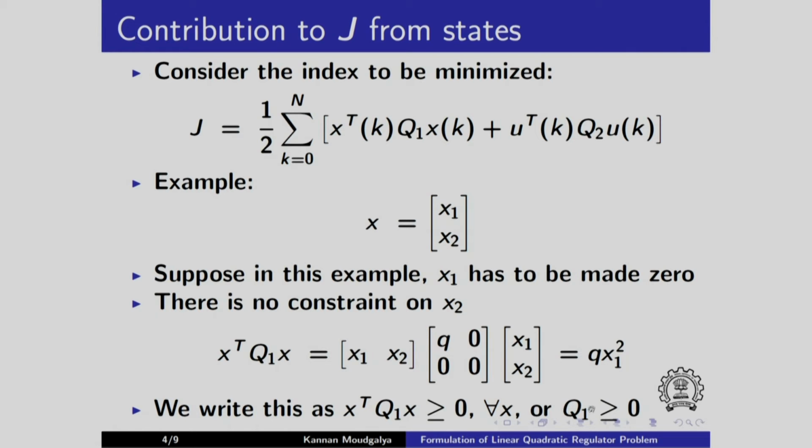Its dimension is the same as that of the system matrix A. The number of states is n in general; in this case n is 2. What do I mean by a matrix being greater or equal to 0? By this I mean x transpose Q1 x greater or equal to 0 for all x.